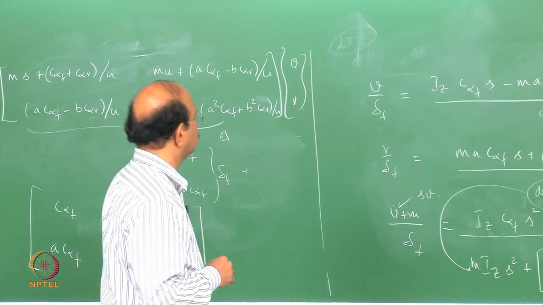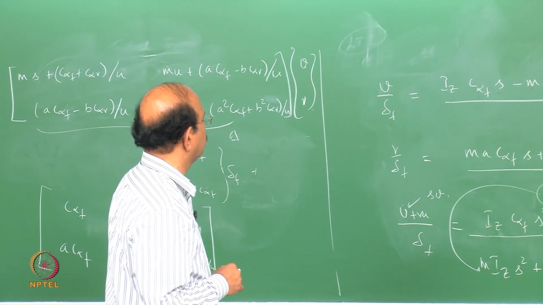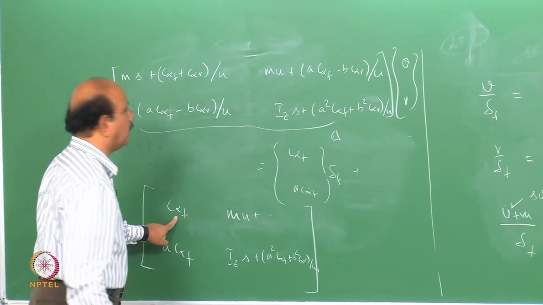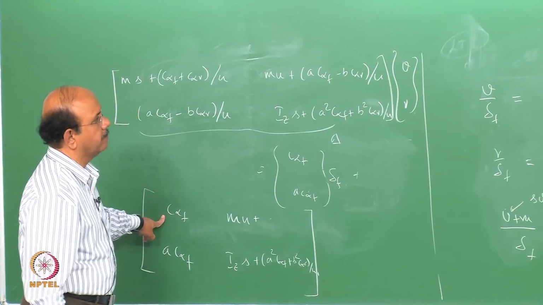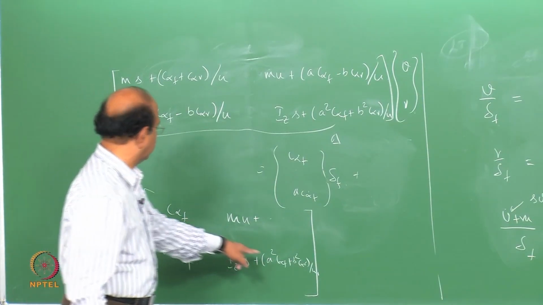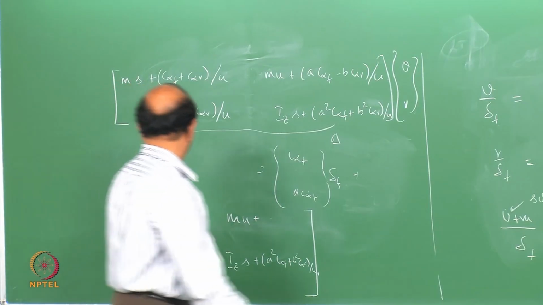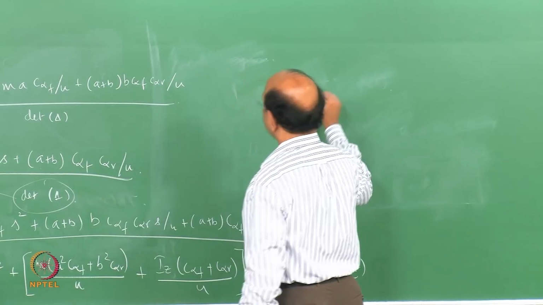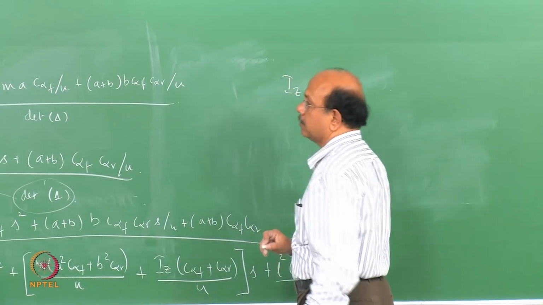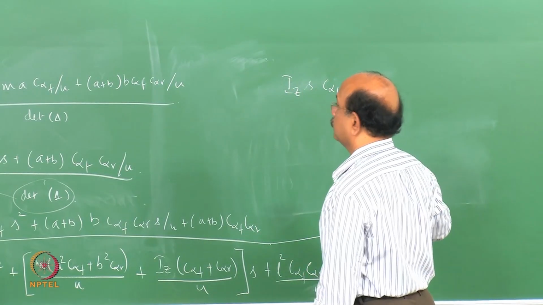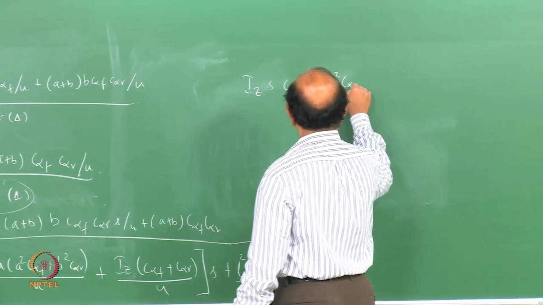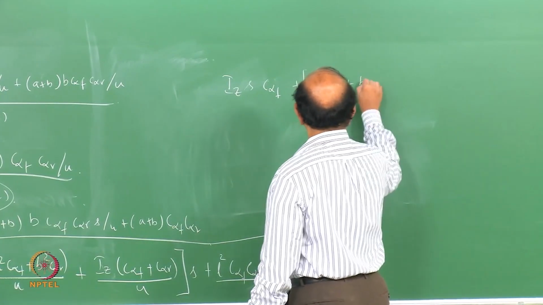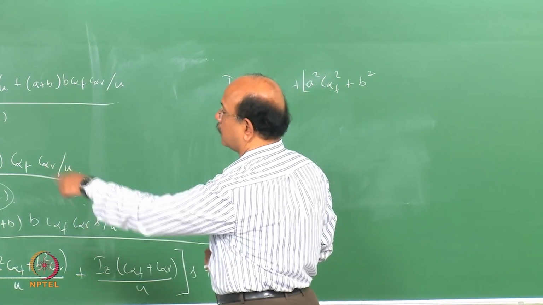There is a problem. It would be multiplied by B. That is at C, A C alpha F. Okay, so now multiplying this, Iz, the first term is fine. So the second term is A squared. So let's do that. The first term is Iz into S into C alpha f, right? The second term plus A squared C alpha f squared plus B squared, right?